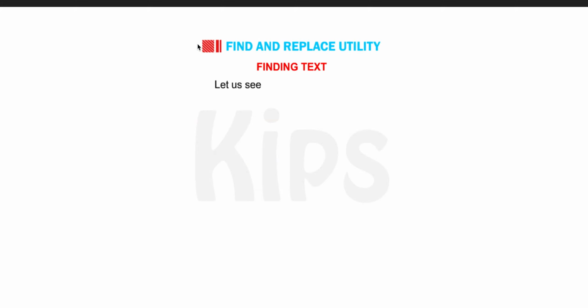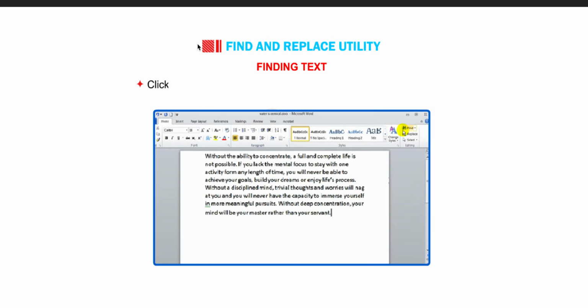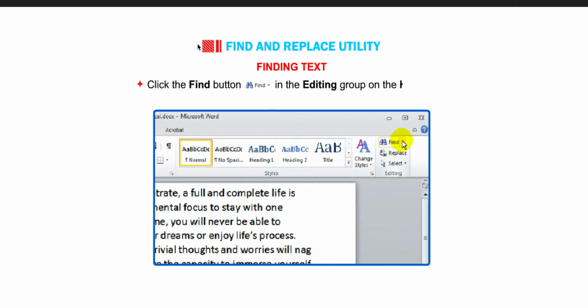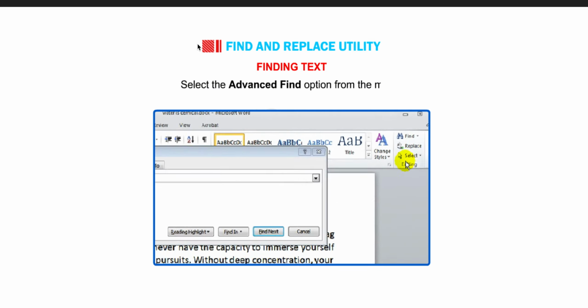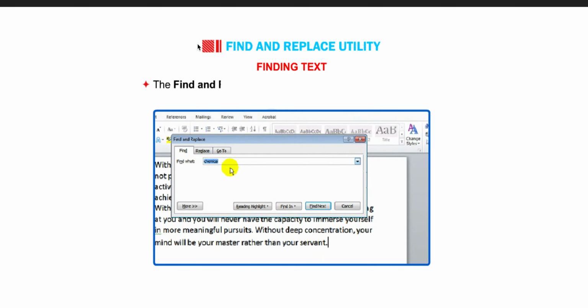Observe the screen very carefully, where we are giving a demo. Now click on the Find button in the Editing group of the Home tab. Can you see it highlighted with yellow color? The Find and Replace dialog box will appear.